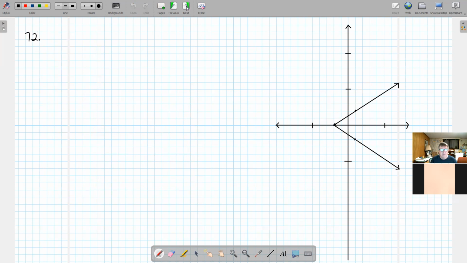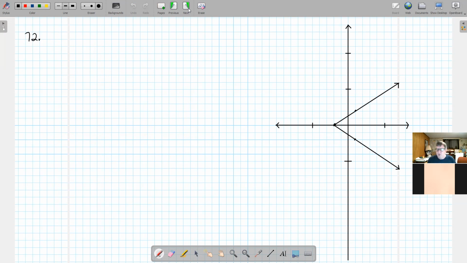All right. 72. New set of directions. This says, determine whether each graph is the graph of a function. If it is not, find two ordered pairs where more than one value of y corresponds to a single value of x.